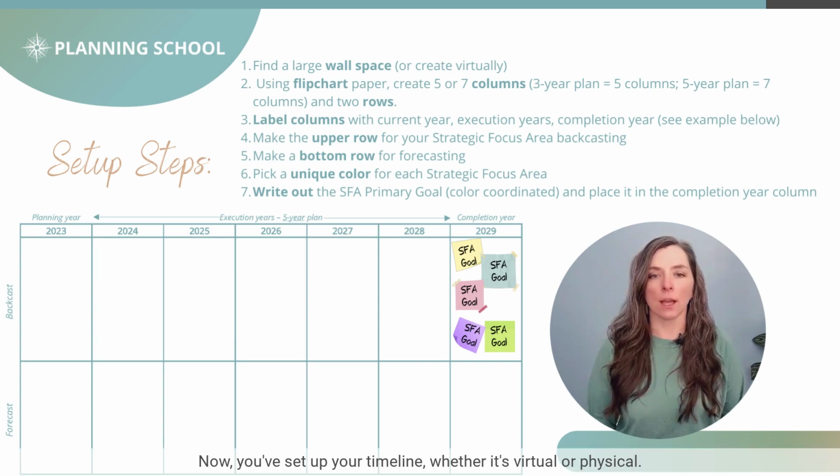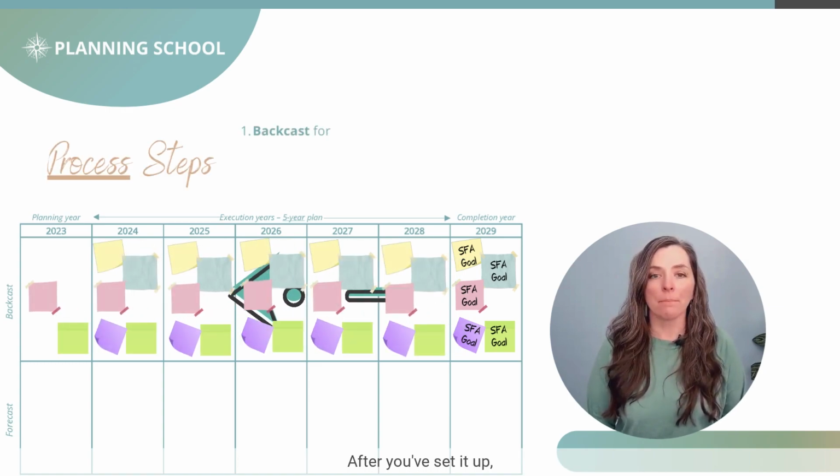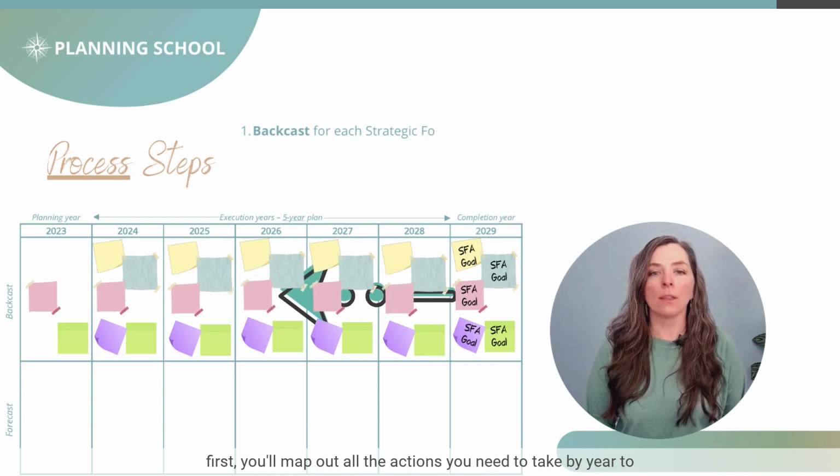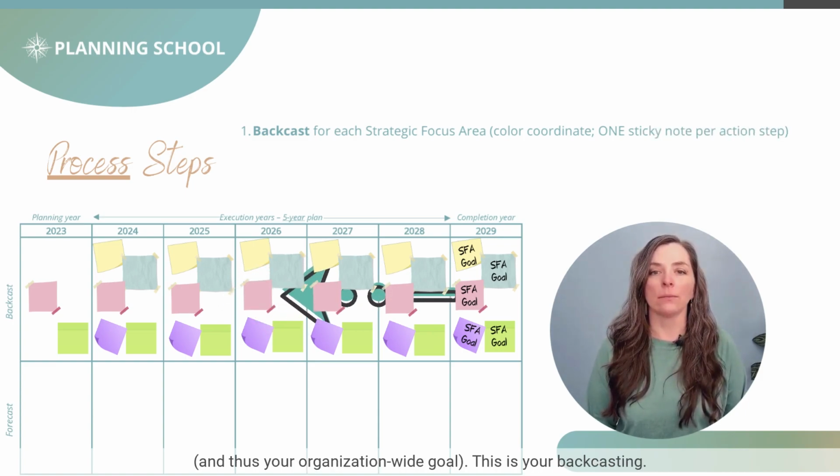Now you've set up your timeline, whether it's virtual or physical, and you can begin filling it in. Here are the steps to create your execution timeline. After you've set it up, first you'll map out all the actions you need to take by year to accomplish your strategic focus area goals, and thus your organization-wide goal. This is your backcasting.